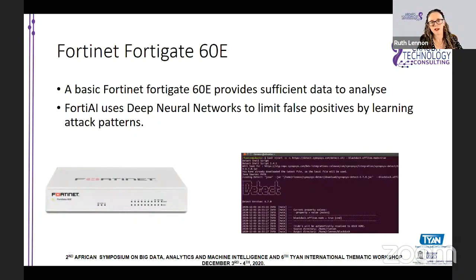I mentioned that there is a new level of firewall that we could use, for example the FortiAI. Now we're starting to look at things like deep learning, deep neural networks. We're trying to train our devices specifically to look for types of patterns. This type of hardware, this type of firewall, is not cheap.